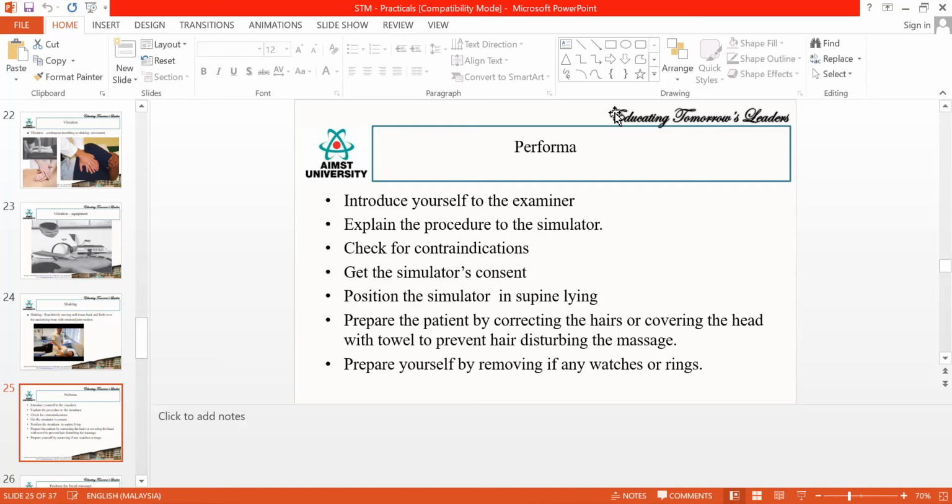Then you have to prepare yourself. When you are preparing yourself, you should not have any nails. So it's very, very important here. For massage, if you have your nails and nail polish, then the examiner will disqualify you. So before your exams, make sure that you cut your nails and remove your nail polish. Okay, so no nail polish, no nails.